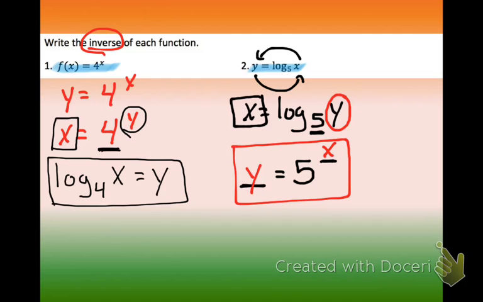Now the way that I remember this is a little bit different. I don't use x's and y's in it. I remember Ben: base to an exponent equals a number, some number.